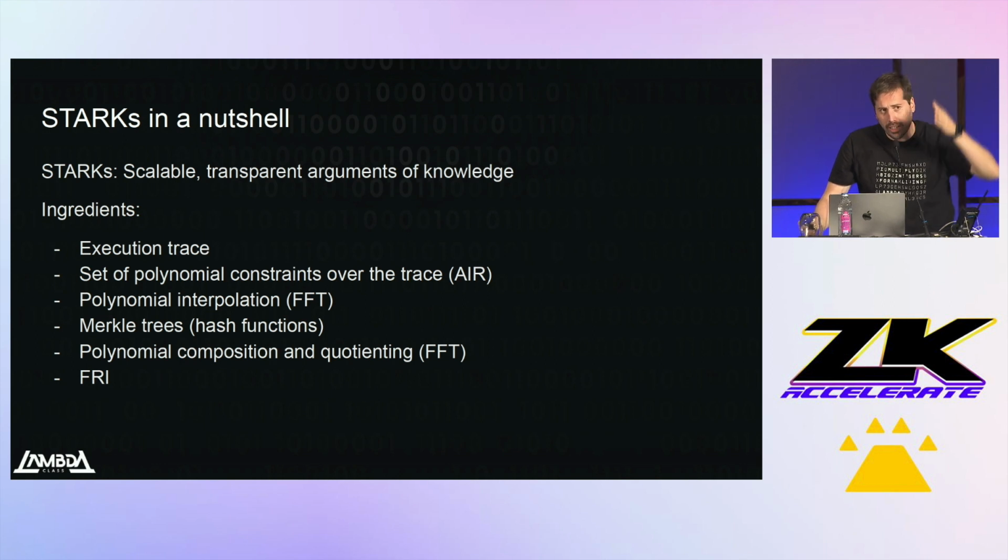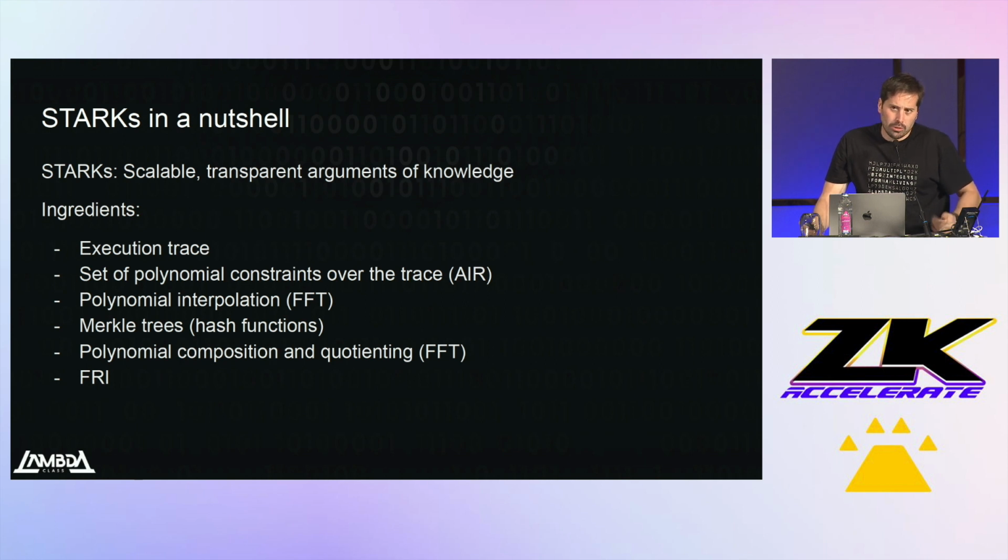So what we are doing is encoding each column of the trace as a univariate polynomial. And to do that efficiently, we are going to use the FFT. Of course, that forces us to use what we call FFT-friendly fields, which are fields containing a large subgroup whose order is a power of 2, a large power of 2.